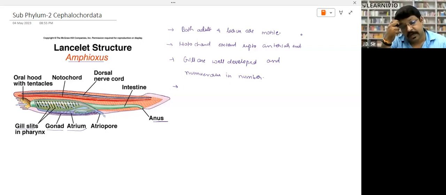Means the adult is more advanced than the larva, as usually happens, right? So it shows progressive development.